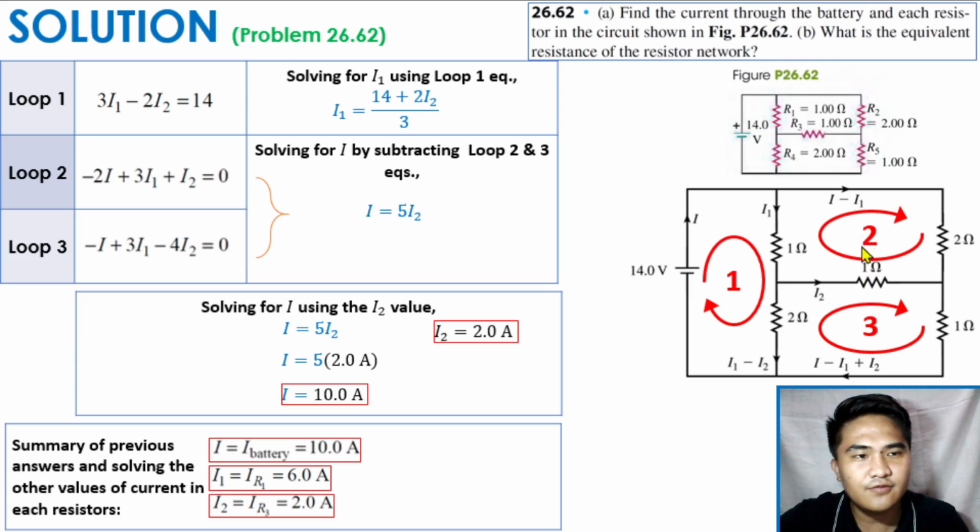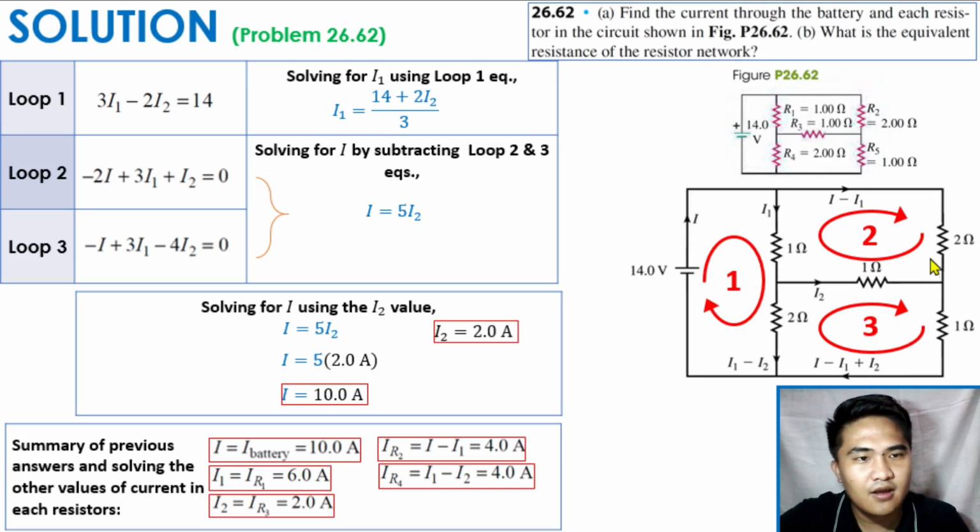Now, let us solve for this current and this current. Substituting the values accordingly, we have IR2, which is this current, and it is equal to 4 amperes.